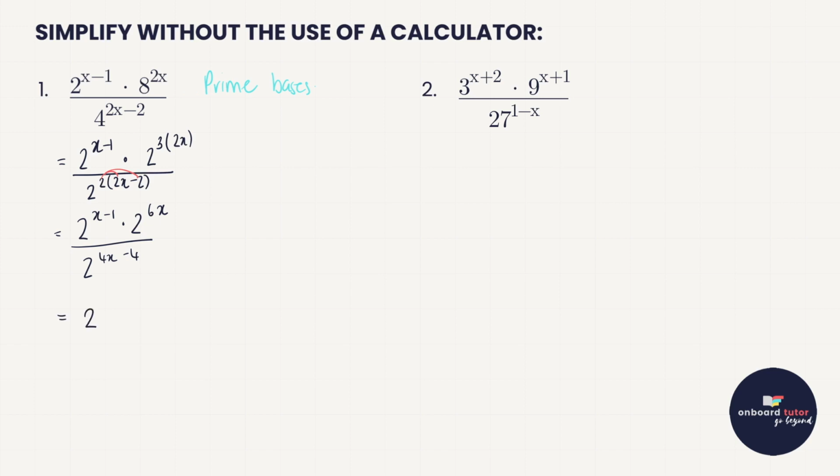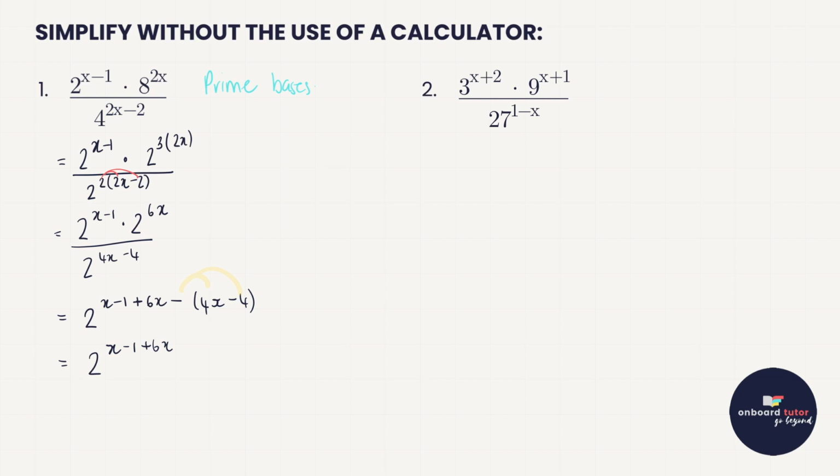So in our numerator, 2 to the x minus 1 plus, because we are multiplying by the next 2 to the 6x, and then minus, we're going to divide by the 2 to the 4x minus 4, so we're going to subtract 4x minus 4, and now we can simplify this. So 2 to the x minus 1 plus 6x, let's multiply that negative into the bracket there.